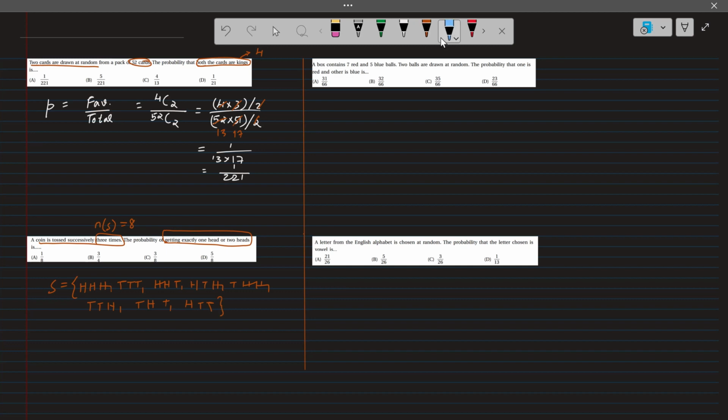Except the first 2 elements, everyone will have either 2 or 1 head. So basically out of 8, 2 elements are deleted. We cannot count these 2. Hence the probability would be 6 upon 8, that is 3 by 4.